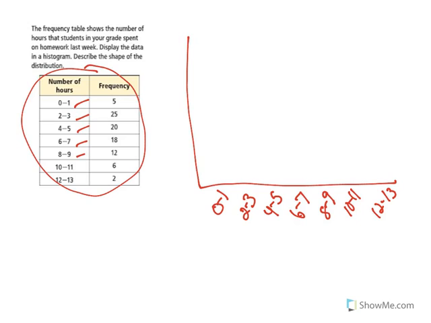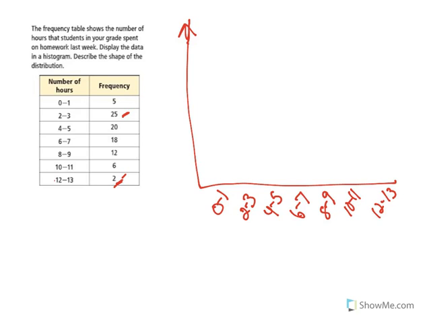Then I'm going to erase this stuff. Now for our frequency, we need to get from 2 all the way up to 25. It's going to be easiest on our y-axis to go up by 5s, because if we went up by 2s we'd need to keep going, and if we went up by 3s we'd need almost as much.